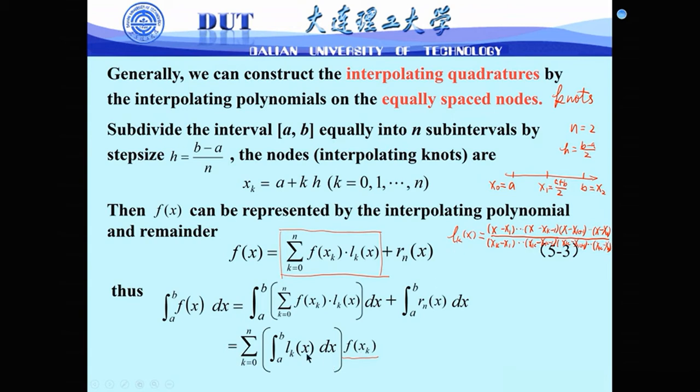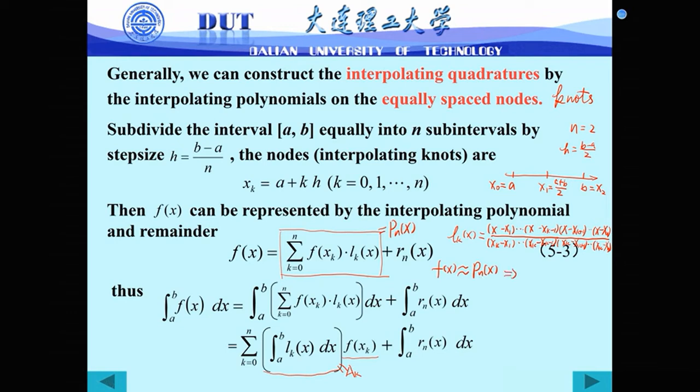So that means if we denote the integral of l_k(x) by A_k, then A_k is independent of f. It is determined by x_k. And we also know the remainder term, the error. If we represent the polynomial by P_n(x), that means we use P_n(x) to approximate f(x) by the Lagrange interpolation method.